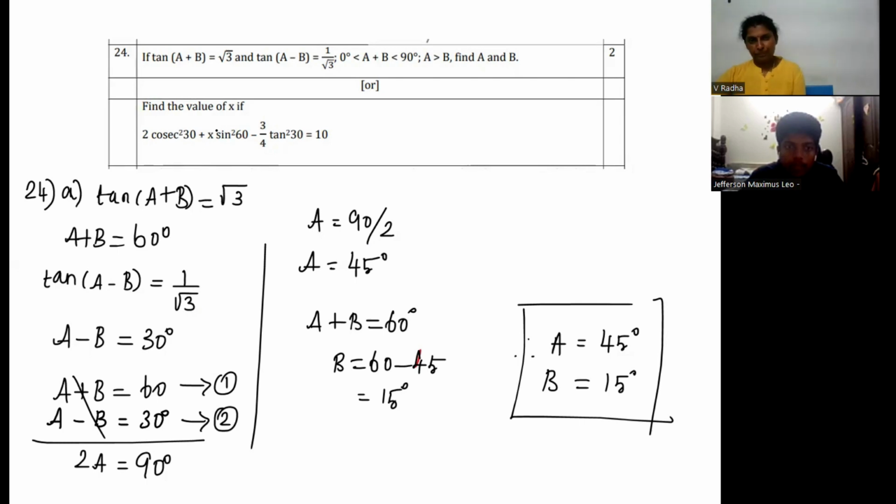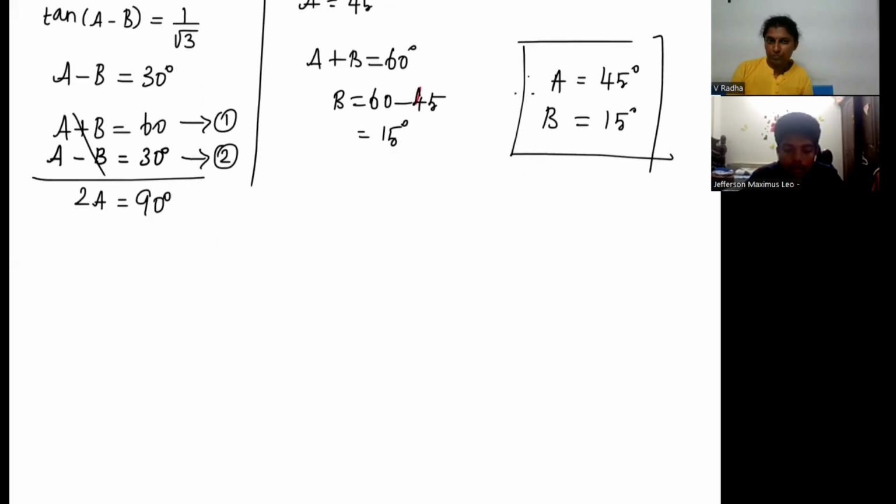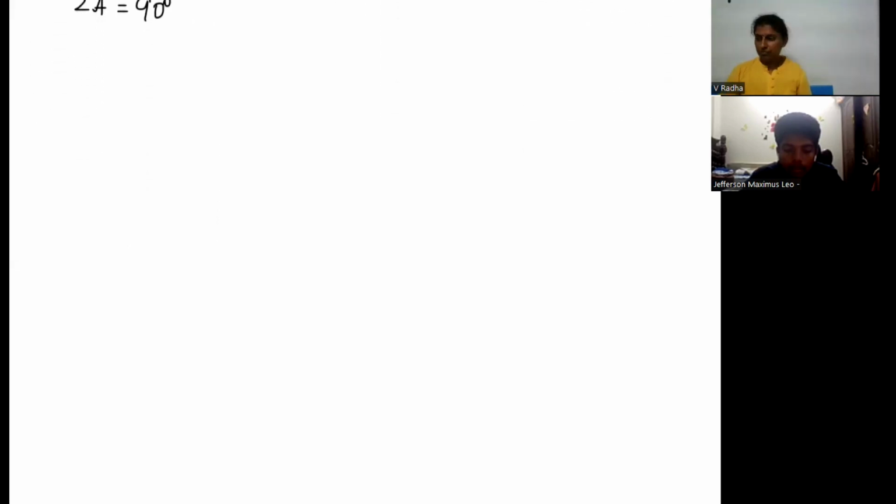Find the value of x if 2 cosec square 30 plus x sine square 60 minus 3 by 4 tan square 60 is equal to 10. Okay, let's try.